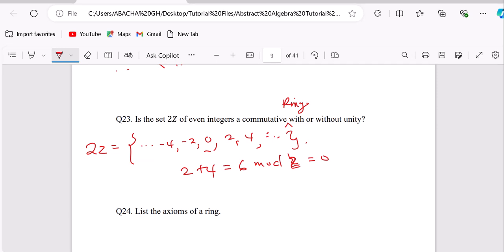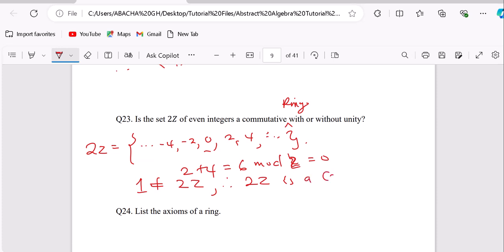So we can say that this is actually a ring. Even though we didn't state all the axioms of a ring, you can see that it is a commutative ring without unity. Why is it without unity? The reason is that there is no 1 inside. 1 does not belong to 2z.